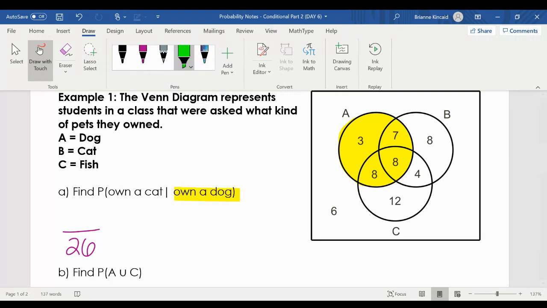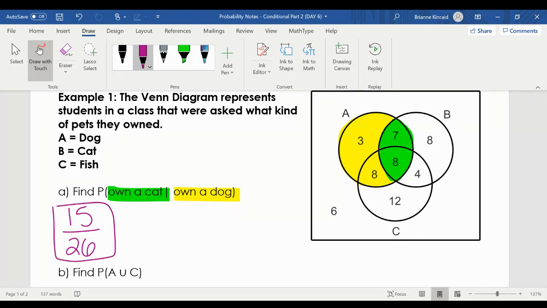Owning a cat is circle B. So I want to highlight the part that's already in yellow that's also in circle B, which would be these two numbers here, 7 and 8, which is 15. 15 over 26 can't reduce. So that's our final answer.